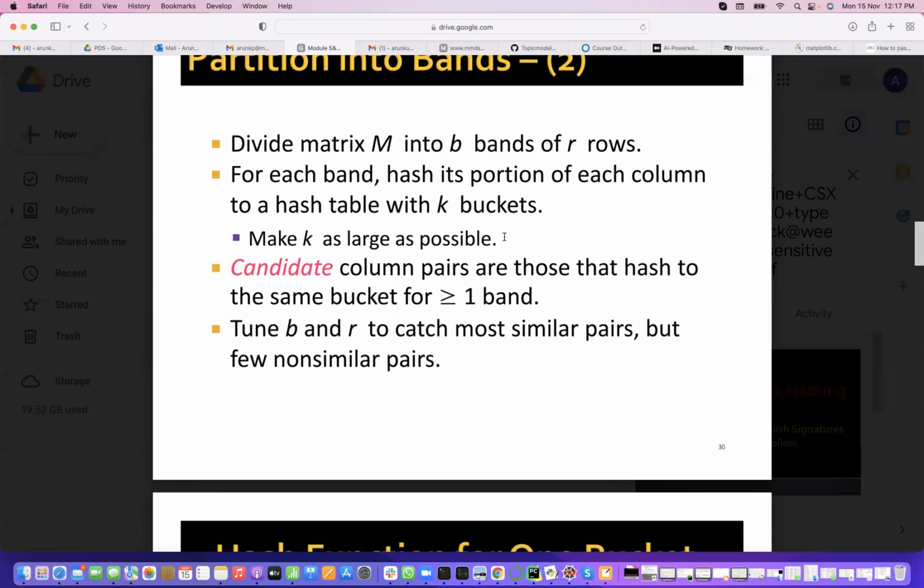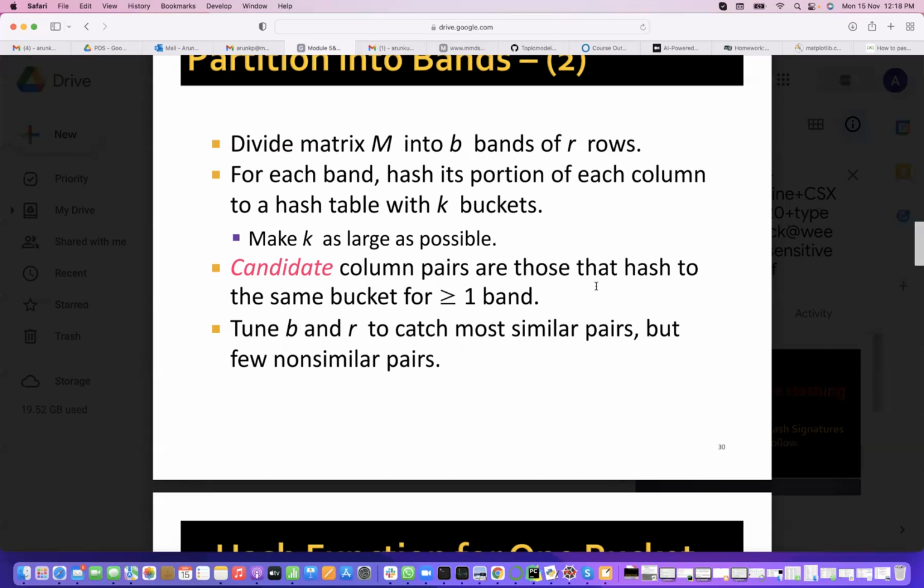Because you have very little chance to divide into only 2 buckets. Even those that are not similar will get into those 2 buckets. If you take more and more buckets, then only similar ones will get into those buckets, because it has more cushion to distribute among those K buckets. If you remember how hash is defined, it is easy for you to understand. Okay, make K as large as possible.